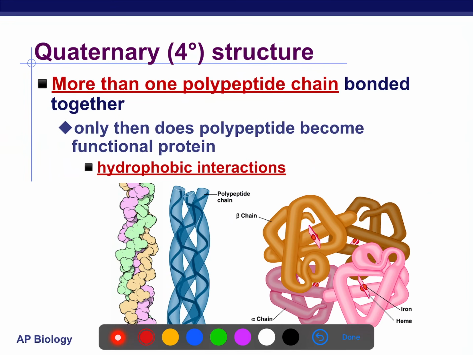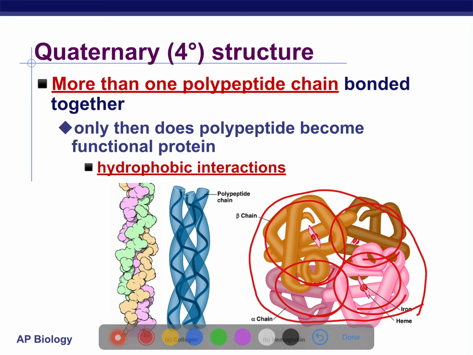And then the quaternary structure of a protein is just when you take more than one polypeptide chain and put them together. In the case of hemoglobin, you're going to have 1, 2, 3, 4 different polypeptides that come together to make this protein that has this large circle shape.